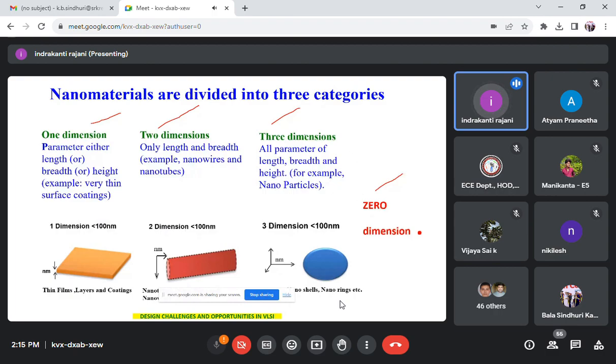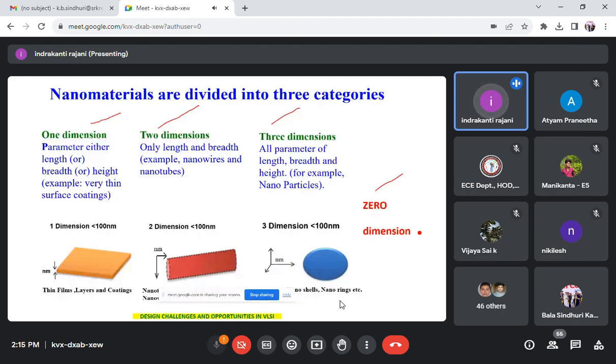Coming to 0 dimension, there is one more dimension, like a dot. These 0 dimensional nanoparticles have a size in the range of 1 to 10 nanometers, out of 1 to 100, and then we say they are 0 dimension.